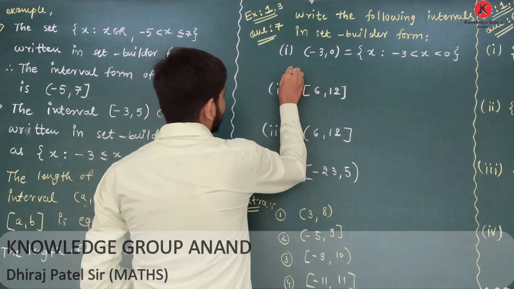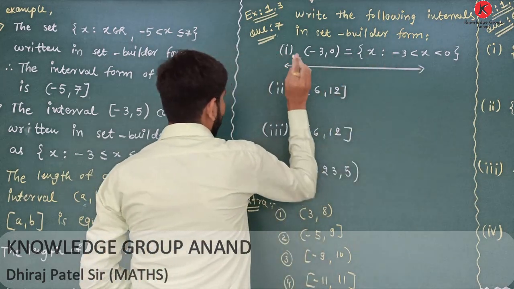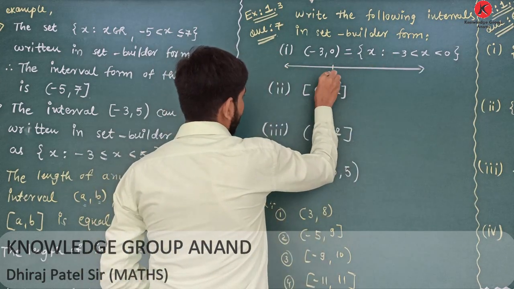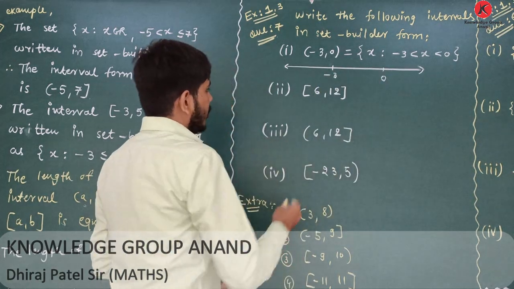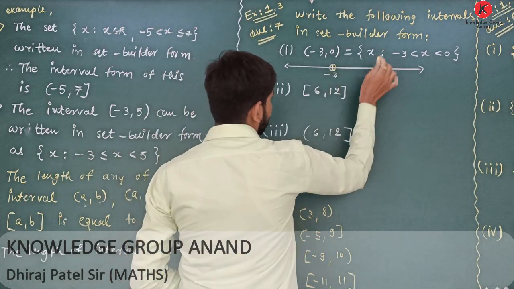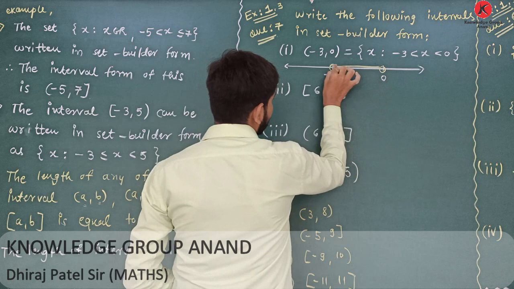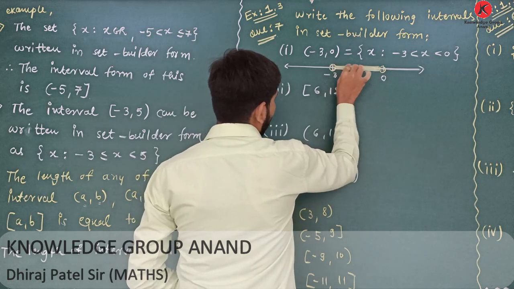And the representation of this on the number line is like this: here minus 3 is there and 0 is here. Now we have to include all the real numbers lying between minus 3 and 0, but don't include minus 3 and 0.